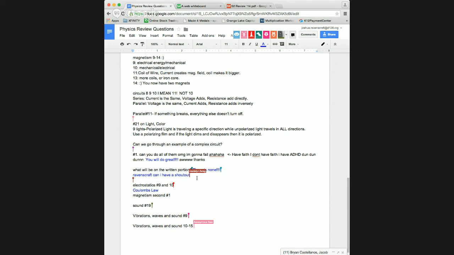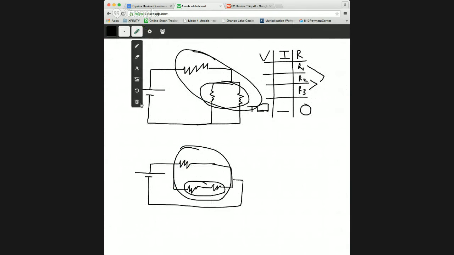I gave you one already, Maddie. Shout out to Maddie. So Coulomb's law, F equals kQ1Q2 over R squared. So I'll just do one of these. If you logged on late, I solved one of these earlier. So after we get done, you can go back and go through it.